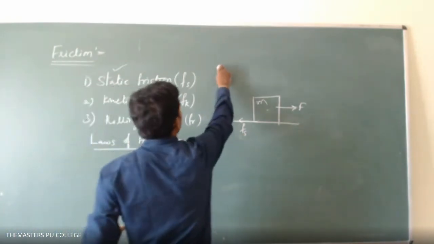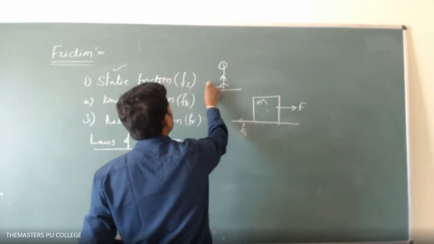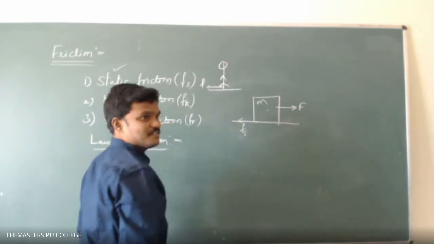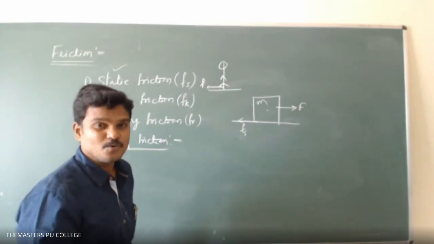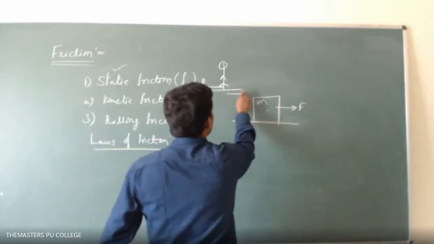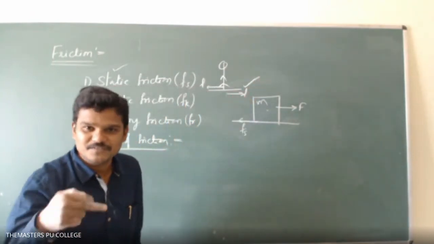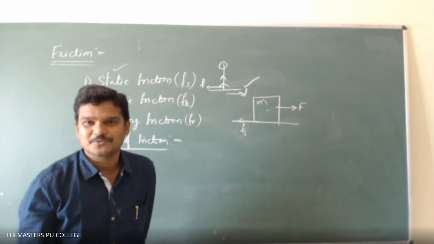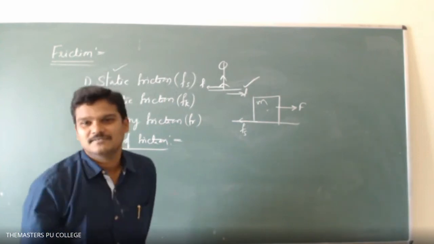Frictional force on you is backward, frictional force on the floor is forward. Because of this, you are walking. Friction is the reason to walk on a floor. If there is no friction, you can't walk.